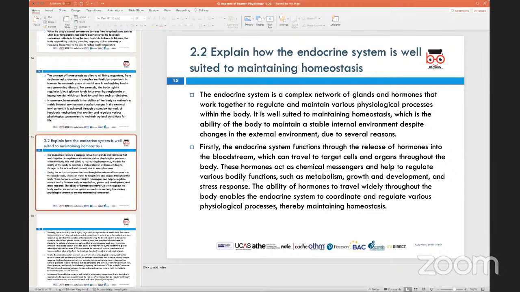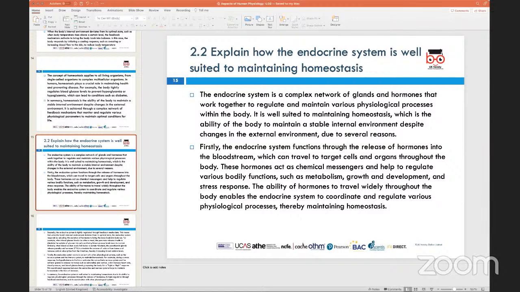So these are nothing but chemicals which are released, and they would help in locating, say, for example, a problem within the body. If we find the blood glucose level to be high or low, then insulin or glucagon will be released, depending on that.